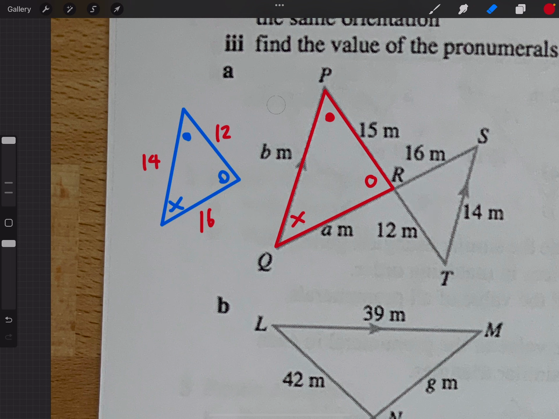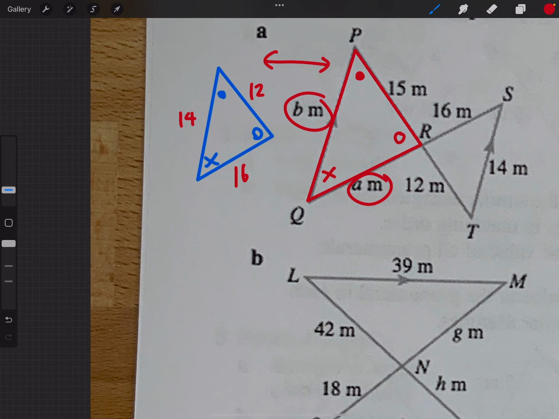So let's compare these two triangles. Now find the value of the pronumerals. The only pronumeral we have here is this length here. Oh, actually there's two. You've got A and you've got B. So let's compare the lengths.